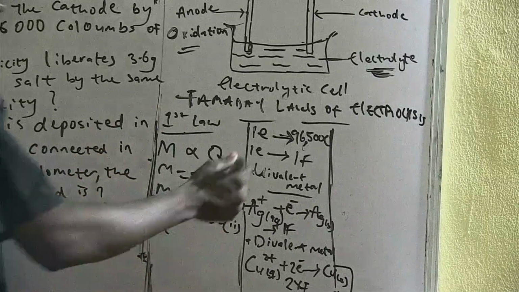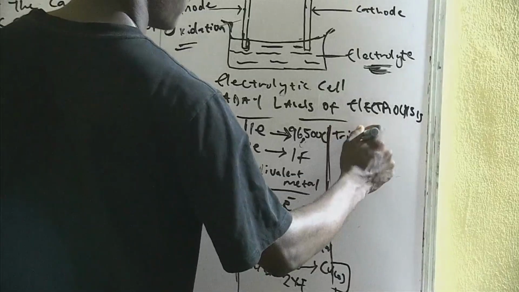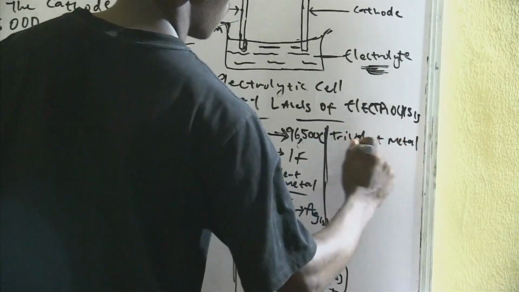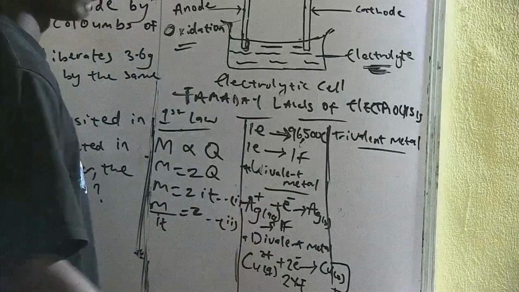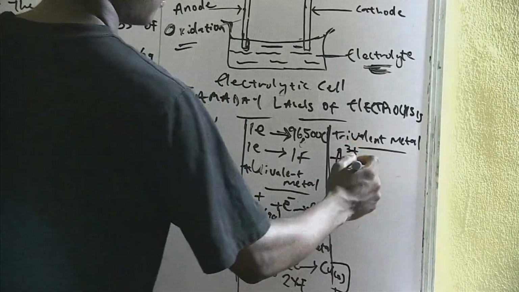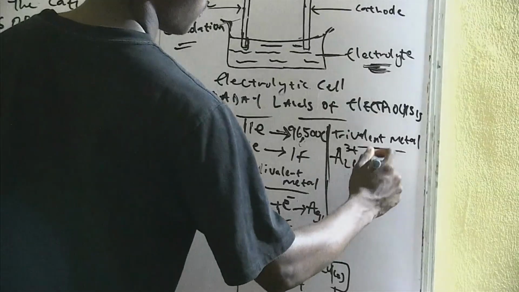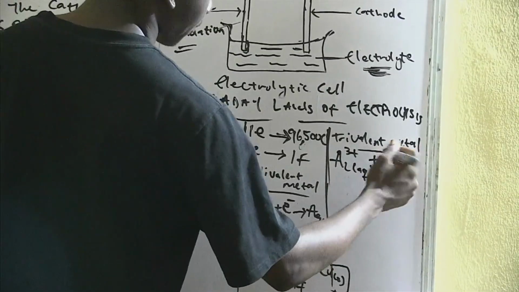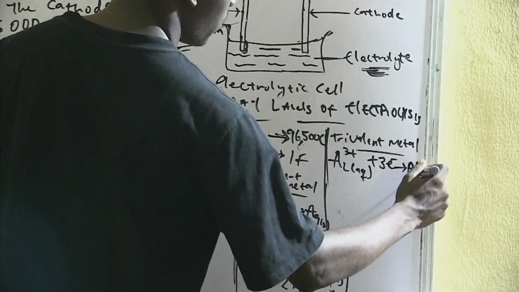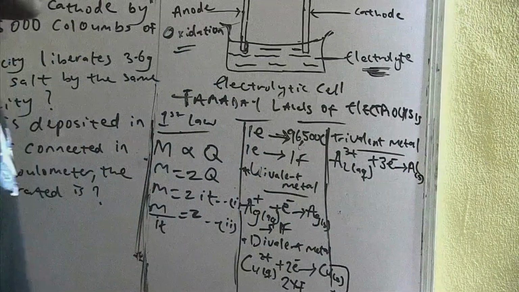For a trivalent metal like aluminium, Al3+ aqueous plus 3e- gives you aluminium.